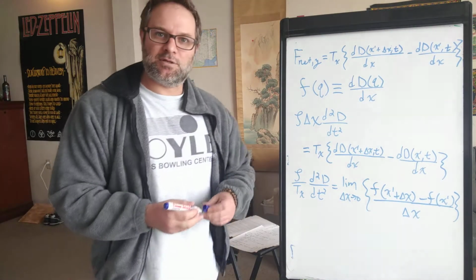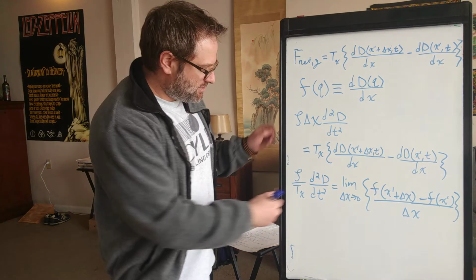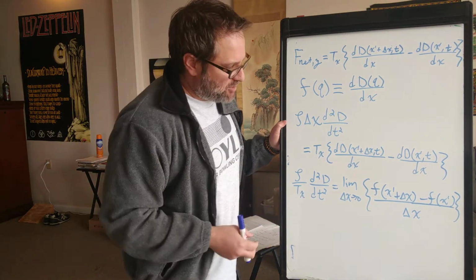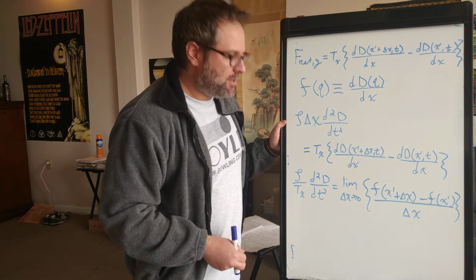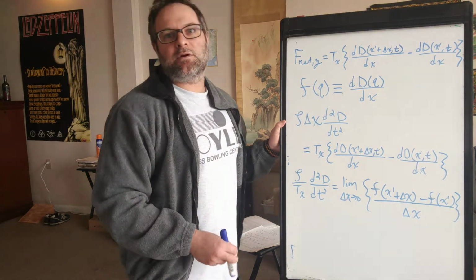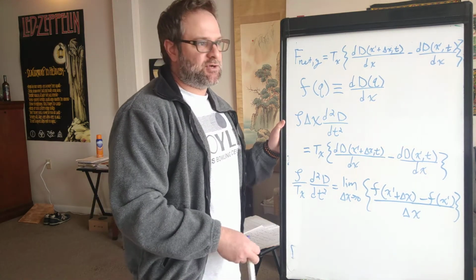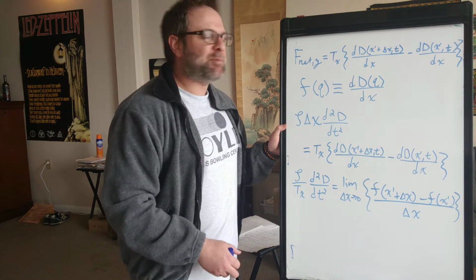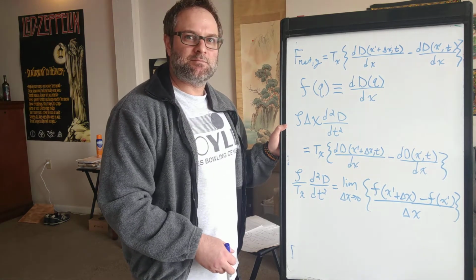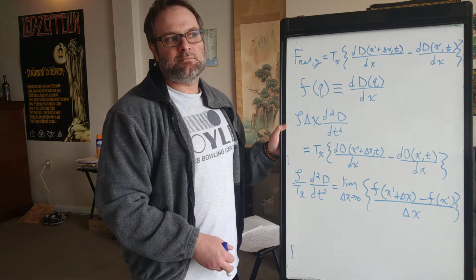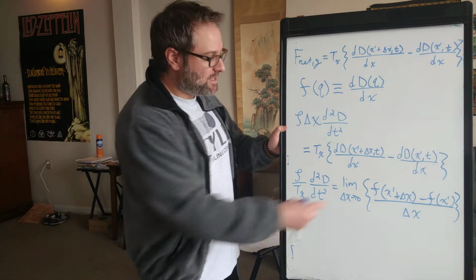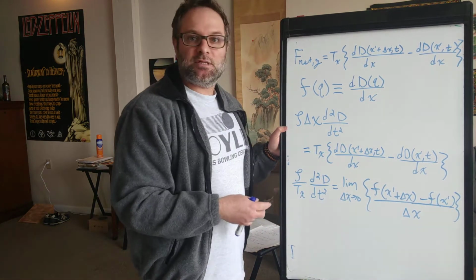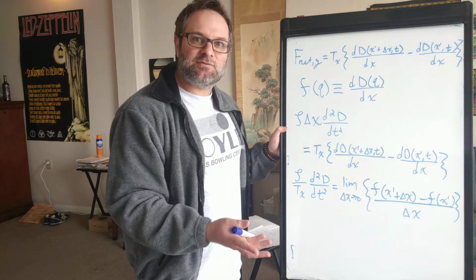So I want you to look at this expression for a second, and you should either immediately recognize this or have the creeping suspicion that it's familiar. So think about that. Pause. Okay, so what this actually is, is our definition of a derivative.